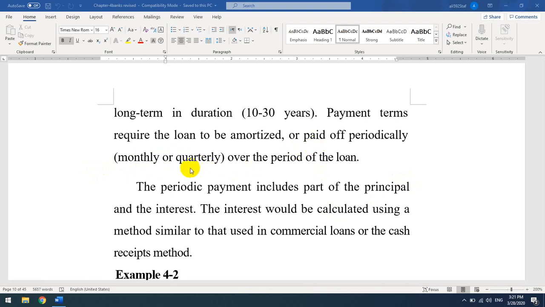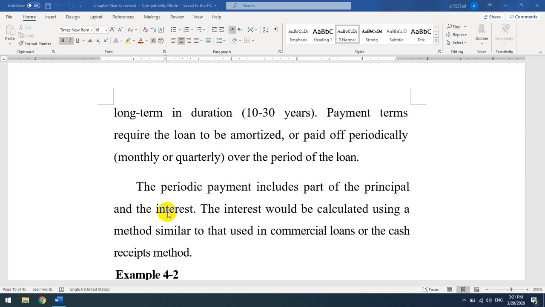The client takes the loan in one amount, and repays it in pieces, periodically, monthly or quarterly, over the period of the loan. The periodic payment includes part of the principal and part for the interest.